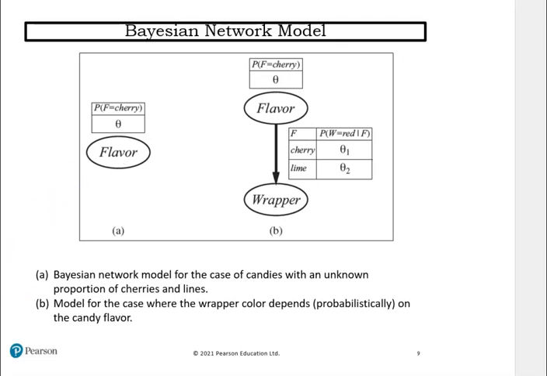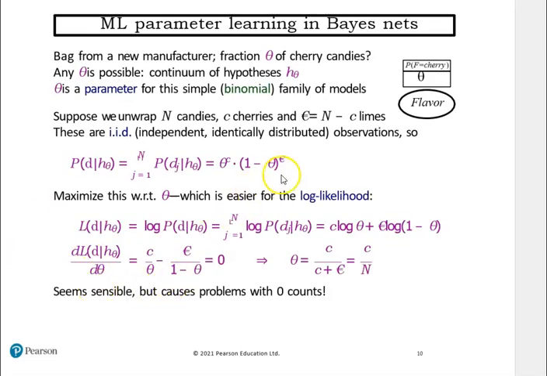So the likelihood in that case is going to be given by this equation, which is theta to the power C, because we found C cherries, right?